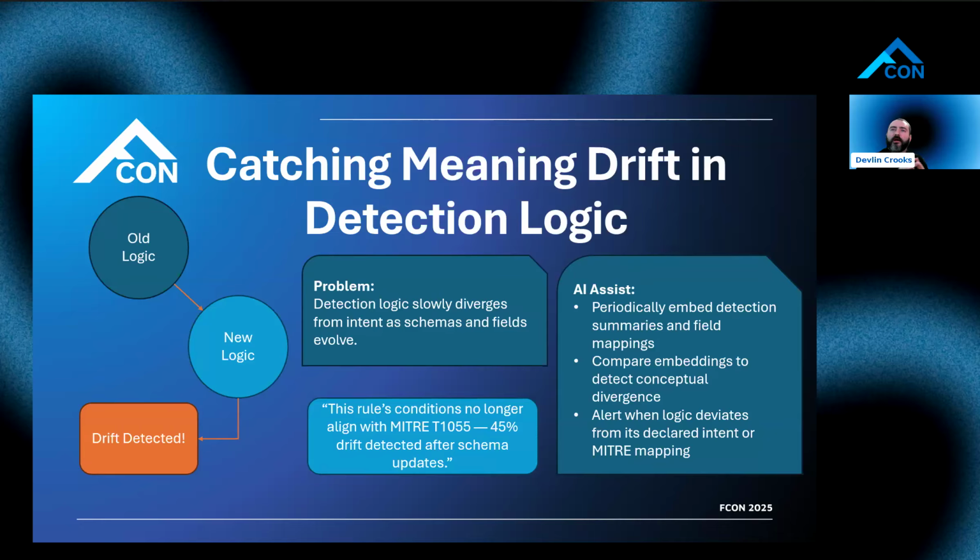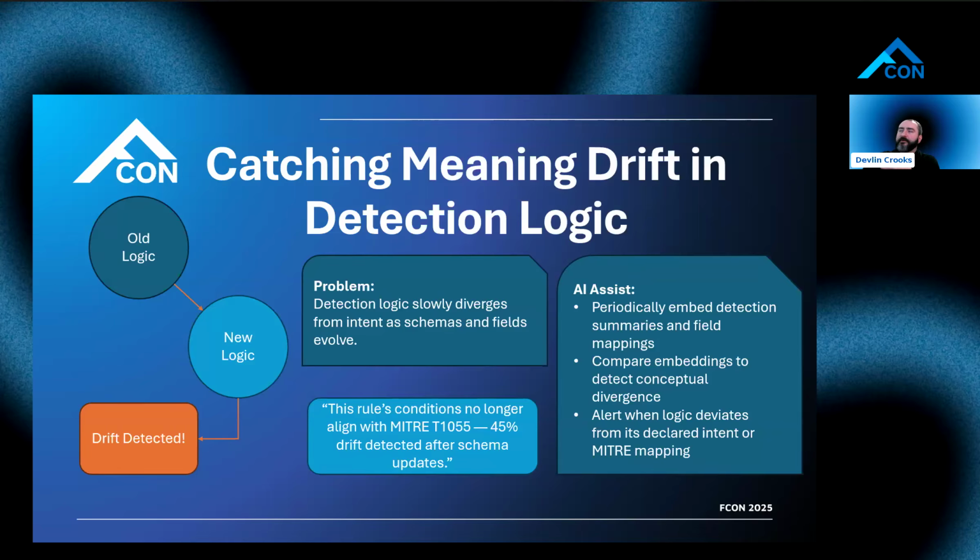So when we have a rule that no longer aligns with MITRE T1055, for example, it's cutting out some events. What we want is the AI system to periodically embed detection summaries and field mappings, compare embeddings to detect conceptual divergence, and then alert when logic deviates from its declared intent or MITRE mapping. So if we keep making commits over time and it no longer aligns with what we want, we actually have some visibility into that.